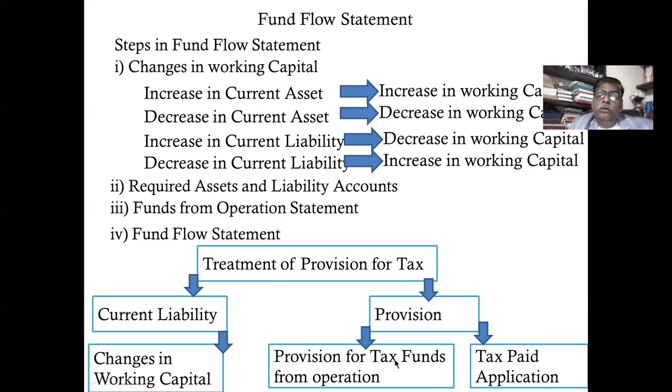Provision goes to funds from operation. Tax paid goes to application. In this way, you have to adjust the treatment of provision for tax. In the same way, the treatment of proposed dividend. If proposed dividend is given in the balance sheet and there is no adjustment, you consider it as current liability and take it here.